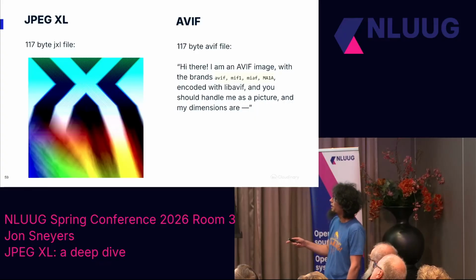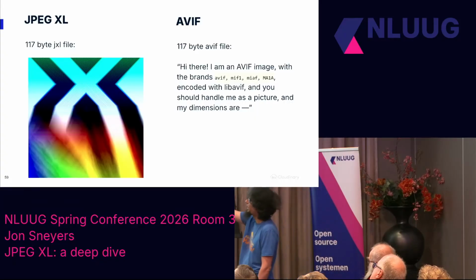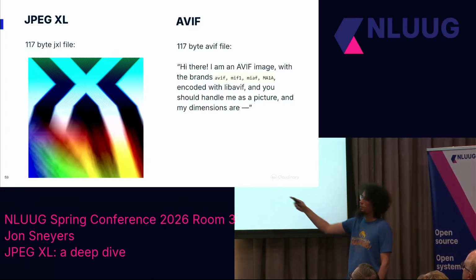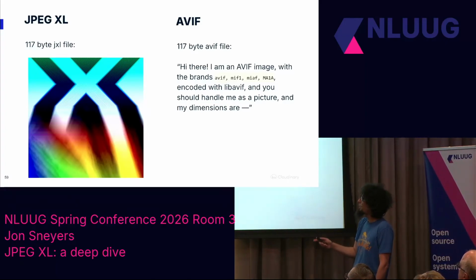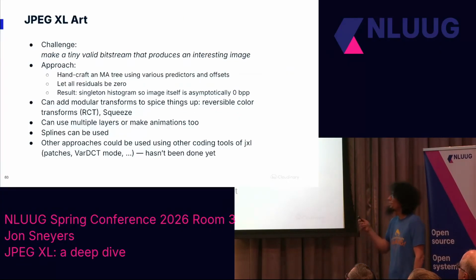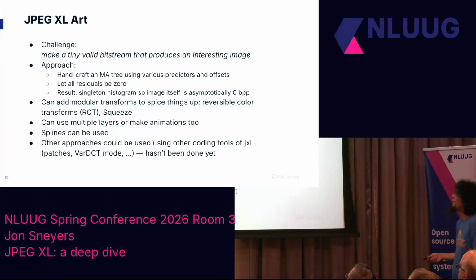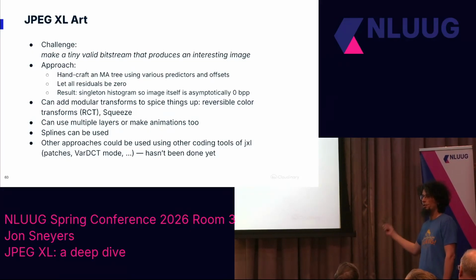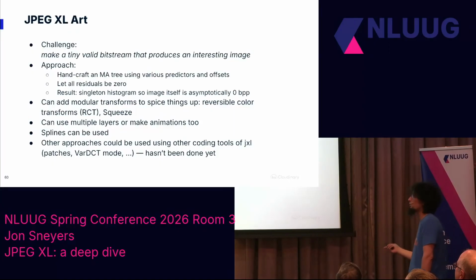So you can have a 117 byte file that looks like this in JPEG XL because the header is so small and you don't need a lot of additional data to encode this image because it's specifically designed to be small. So this is a kind of trick to produce the tree and then set all the residuals to 0 so they compress down to nothing.